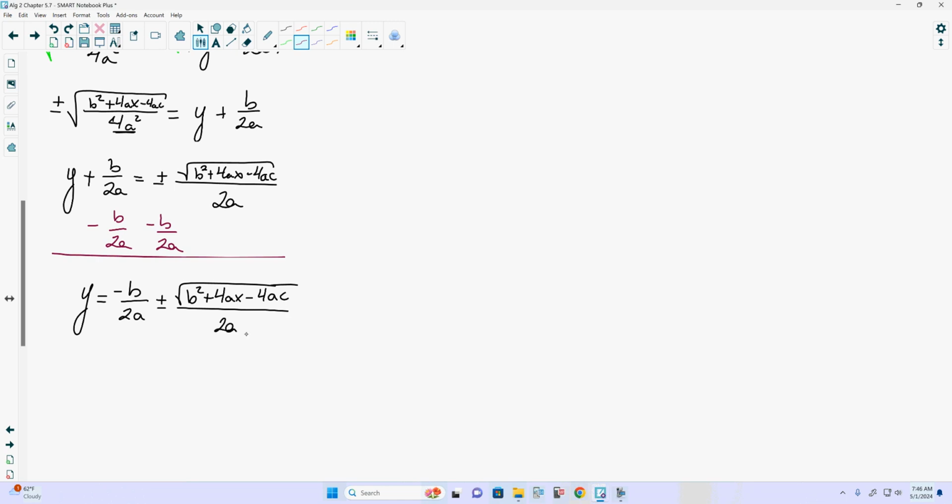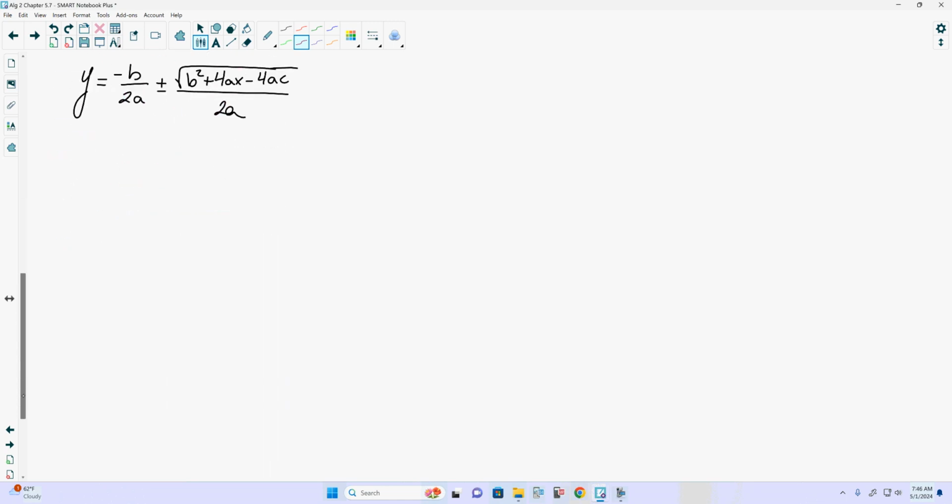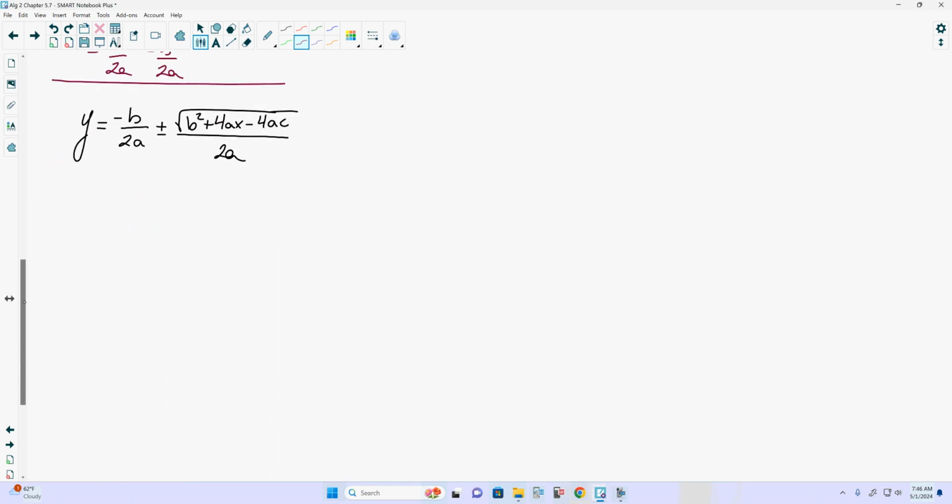all over 2a. Or if we want to make this even simpler, we can put it under one radical over 2a.